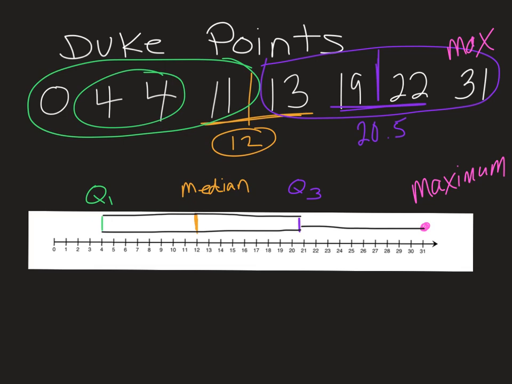So I am going to put a little coordinate right there above that minimum of 0, the smallest number, and label it. And there you have it, a box plot for Duke and for UK's points scored during that game.